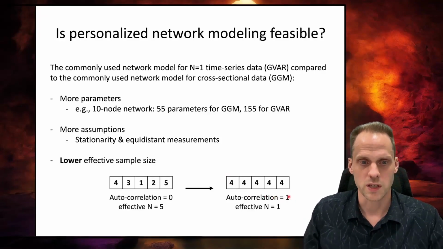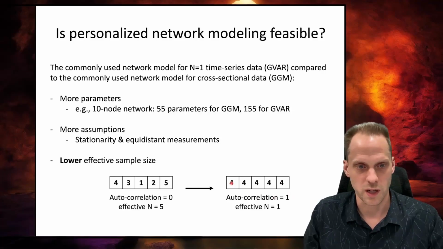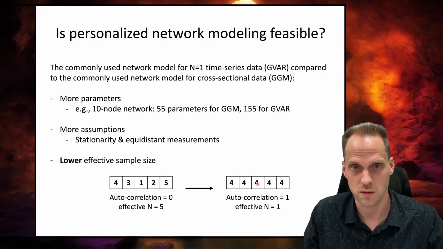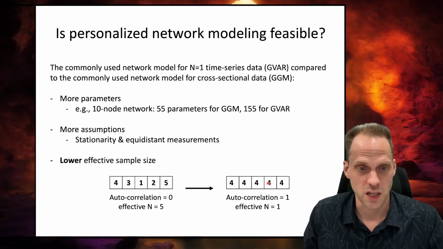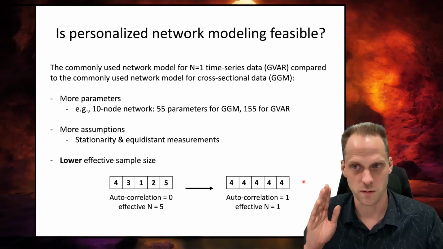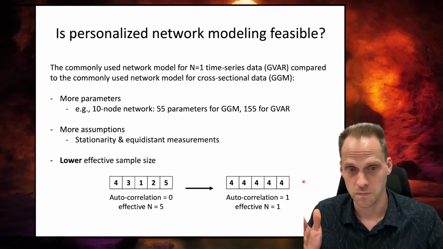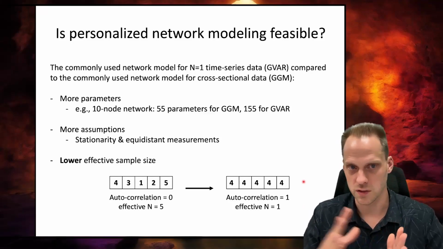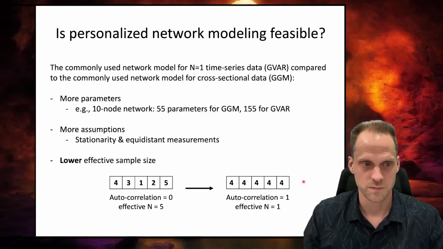If that correlation is 1, then it means my score at 9 o'clock is the same as my score at 12 o'clock, is the same as my score at 4 o'clock, is the same as my score later. And all my responses will be exactly the same. In that case, even if I give you 50 responses, but I answer with a 4 50 times, effectively you only have one response, namely you have my 4, and that's just repeated 50 times.